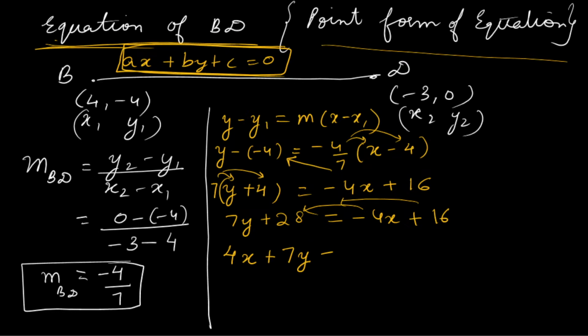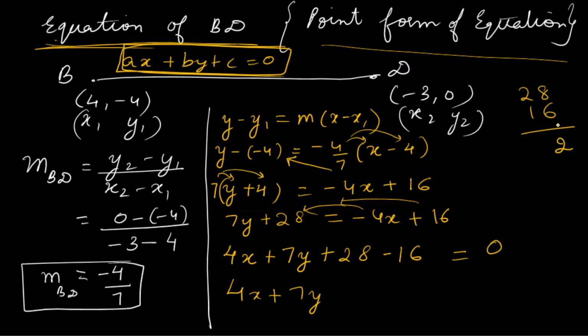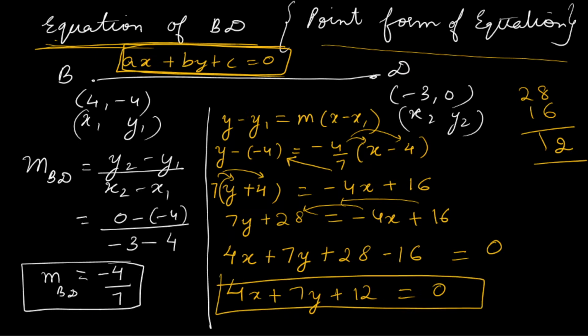Now 28 I have, so plus 28. 16 when I shift to this side will be -16. So 4x plus 7y, 28 minus 16. 28 minus 16 is 12. So plus 12. Okay, so 4x plus 7y plus 12. This is the equation of line BD.